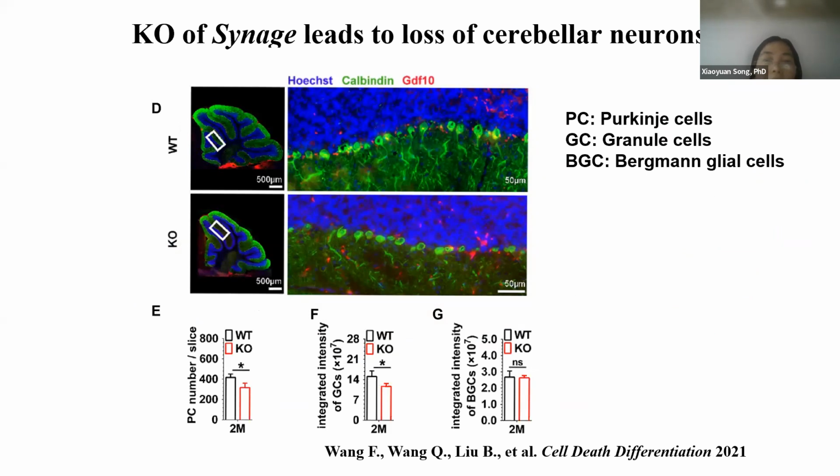We used PAX6 for granule cells, but the signal was not clear, so we instead used whole staining of the nuclei to roughly monitor the granule cells, which are tiny, small neurons in the cerebellum. The quantification shows that both PCs and GCs, the two kinds of neurons, are decreased in the knockout condition, but not the Bergmann glial cells.